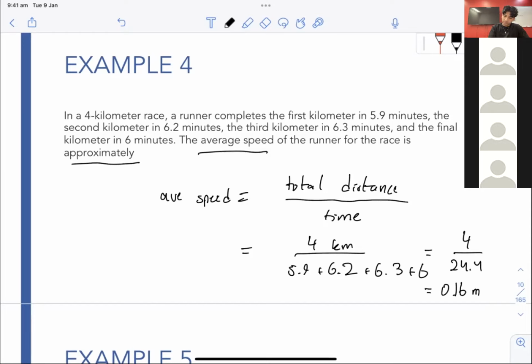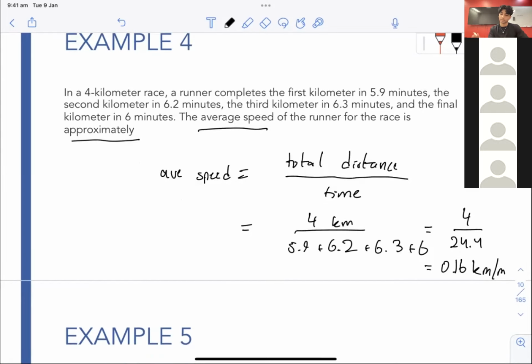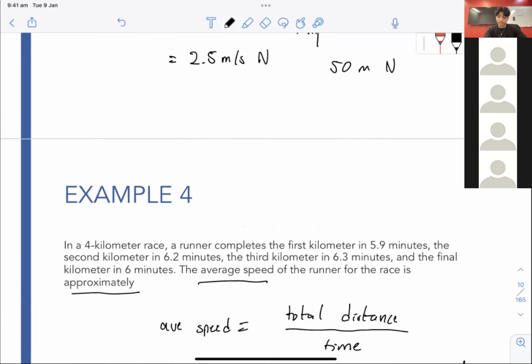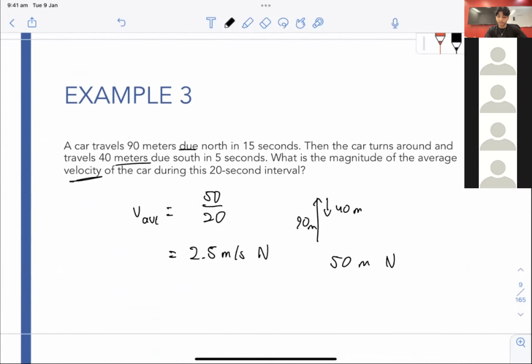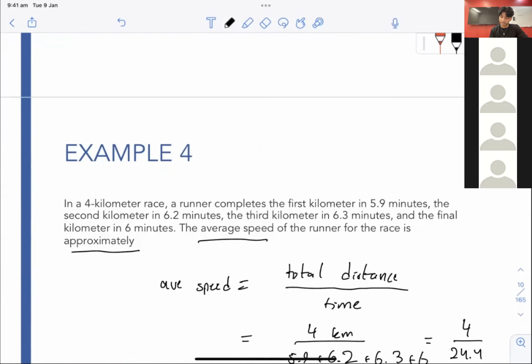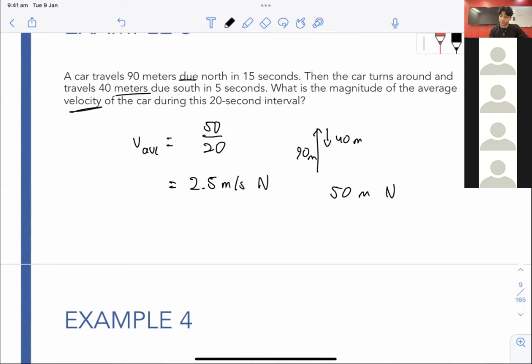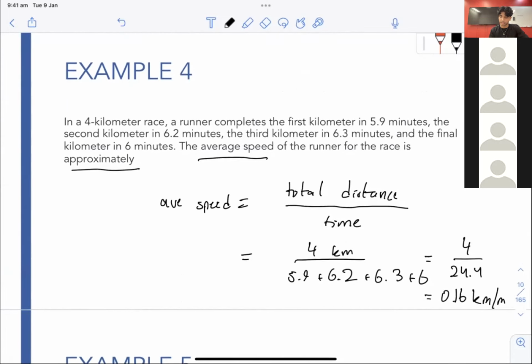Now, we don't always have to leave our answer in meters per second. It's preferred, but in this case, it's not an issue. Although, to be safe in an exam, I would convert to meters per second. So as you can see, there's a very important difference between average velocity and average speed. Average velocity takes into account direction, average speed doesn't.